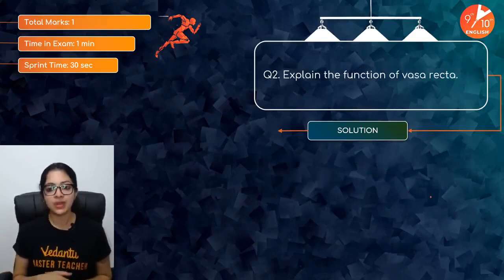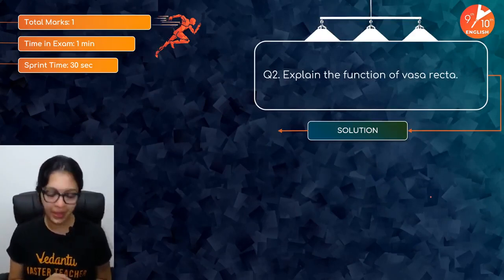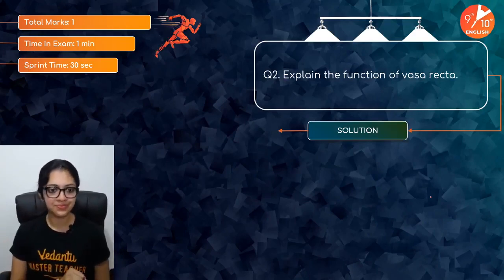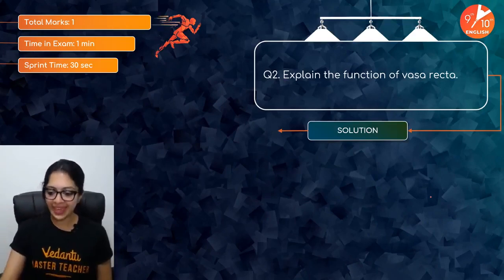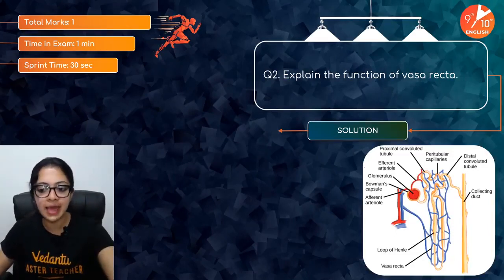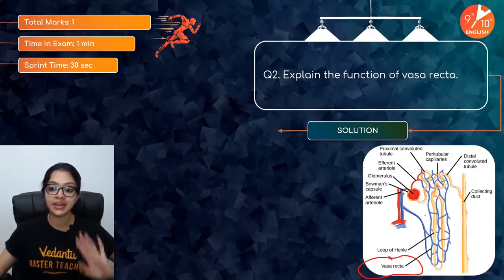Next one. Explain the function of vasa recta. Remember this term? Vasa recta. Where do you remember hearing this term? Okay, I will show you the picture. Look at these capillaries which are found around the loop of Henle. They are called vasa recta.